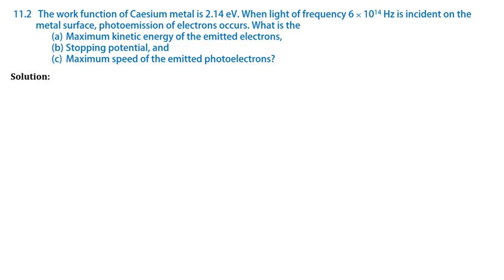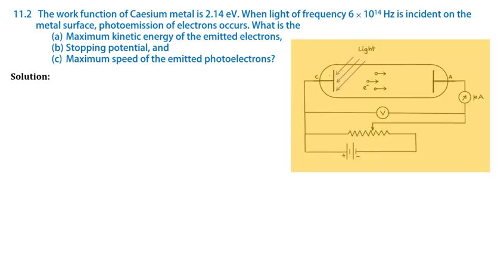Since the words photoelectrons and photoemission of electrons are being used, it is pretty clear that this question belongs to the photoelectric effect, which says that when light or any other electromagnetic radiation is incident on an electrode, primarily a cathode, electrons are emitted.